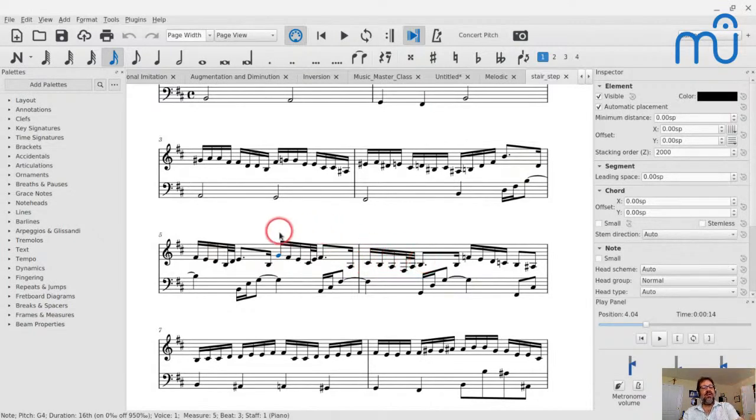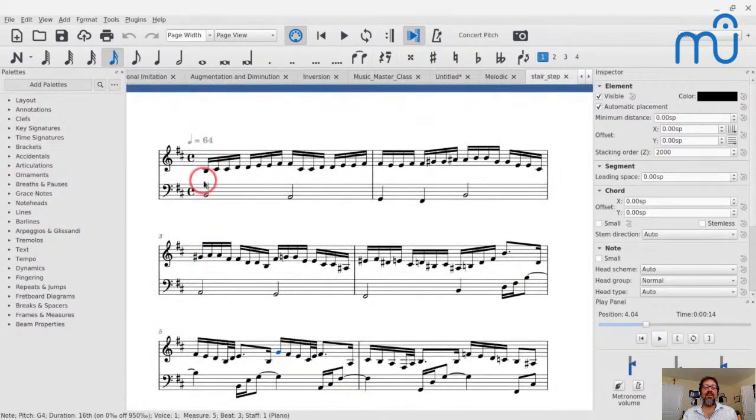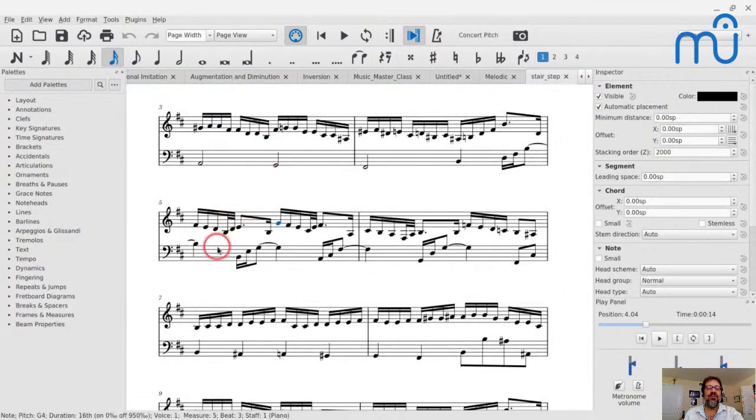It's the same motif moving in sequence, as opposed to what happened at the beginning, where he was changing the direction, changing things around. Here, it's literally a sequence. It's the same pattern. It's actually an unusual sequence in that it goes up a step, then it comes down, rather than usually sequences continue in the same direction, but they don't have to.